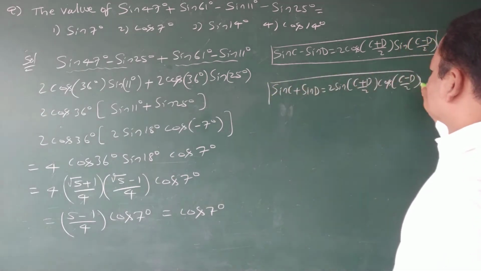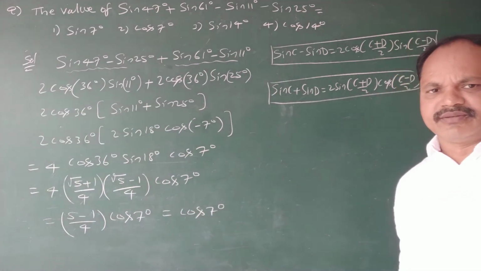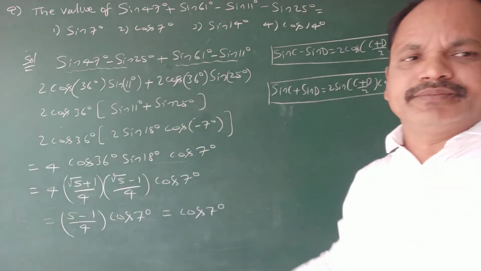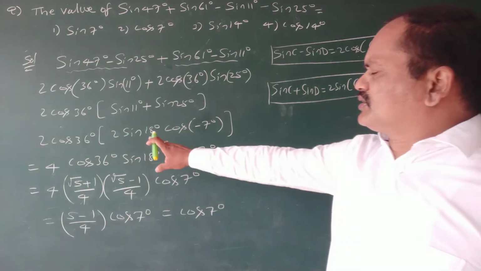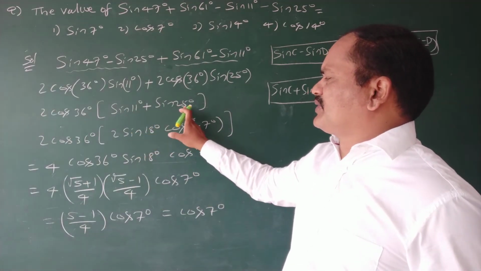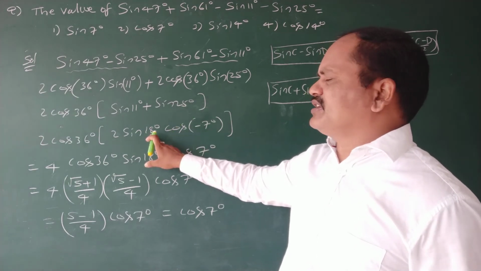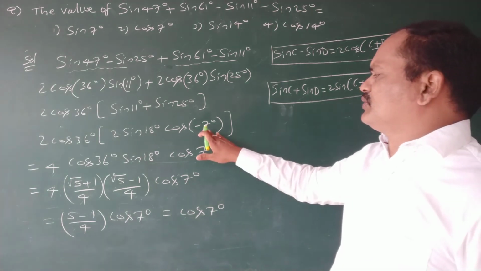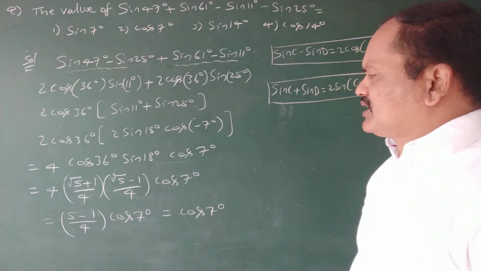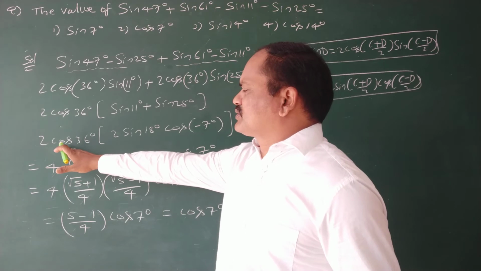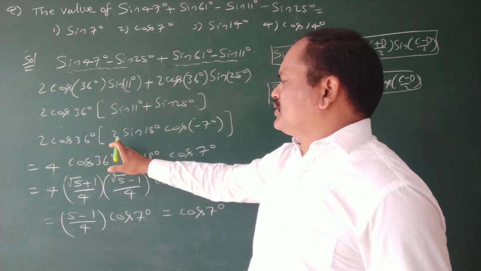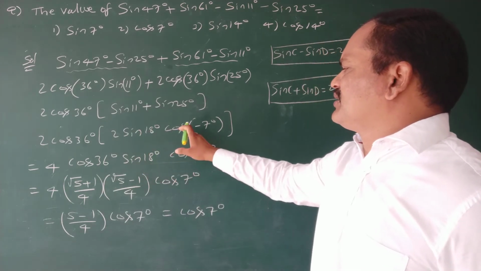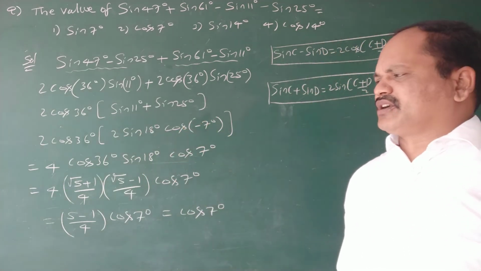According to this, we write 2 sin of (11 plus 25), that is 36 by 2, 18, and cos of (11 minus 25), that is minus 14 by 2, minus 7. So we write 2 cos 36 into this one, that is 2 into 2, 4 cos 36 sin 18, cos minus 7 is nothing but cos 7.